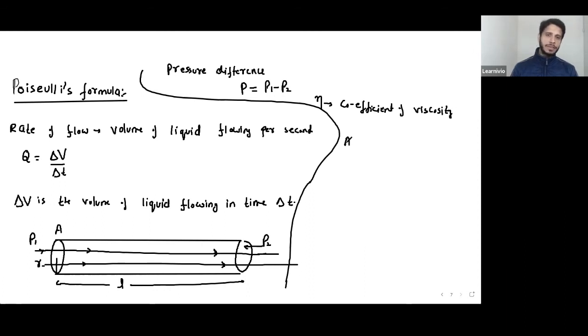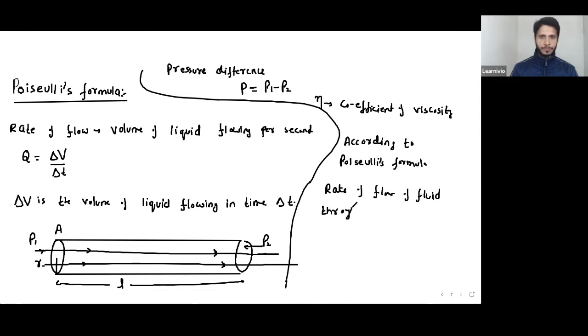So Poiseuille's formula simply says, according to Poiseuille's formula, the rate of flow of fluid is equal to pi P R to the power 4 divided by 8 eta L. This is the formula.